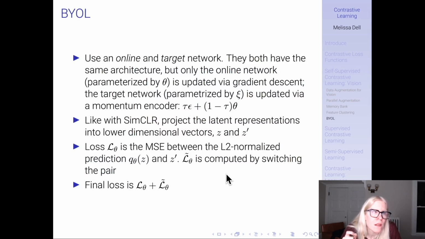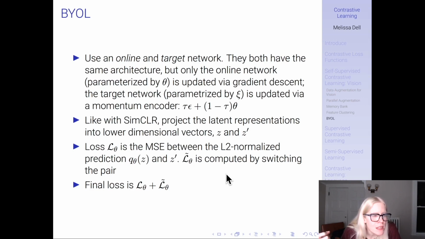And so again, you have an online and a target network. And importantly, both of these have the same architecture. So they're both a ResNet. But again, only the online network is updated via gradient descent, whereas the target network is updated with a momentum encoder. And like SimCLR, they project the latent representations into lower dimensional vectors.